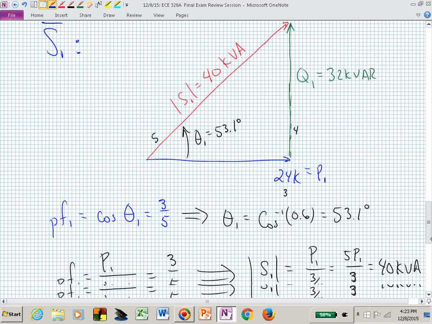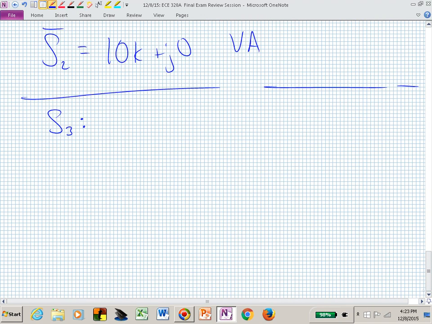We now know the hypotenuse, that's 12K, so we can say that we have this, and we know cosine of theta sub 3 is 0.8 or 4/5.